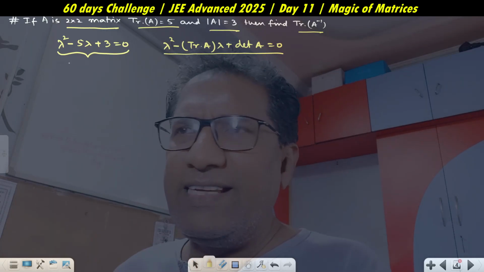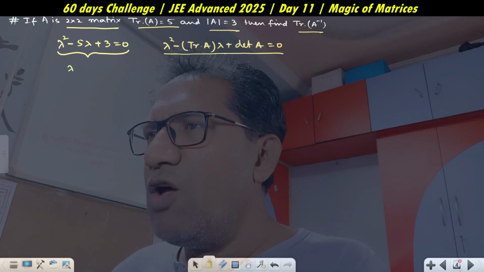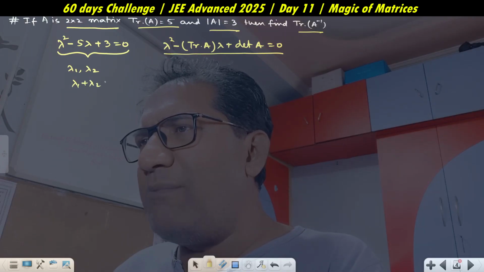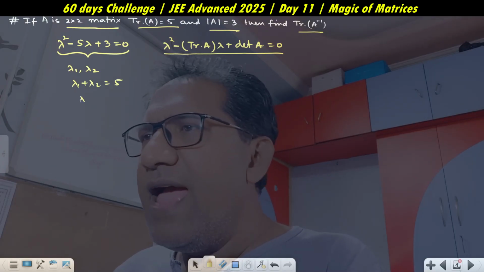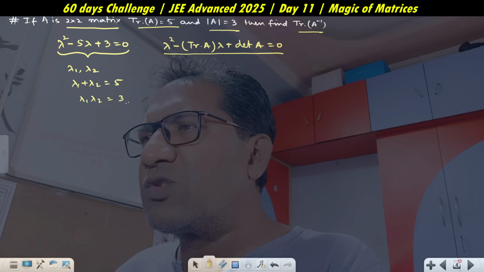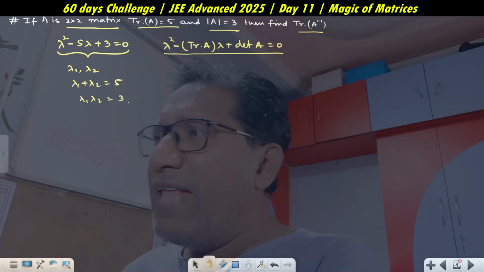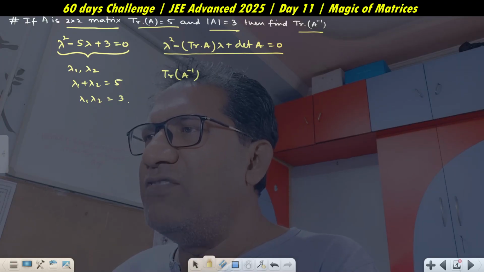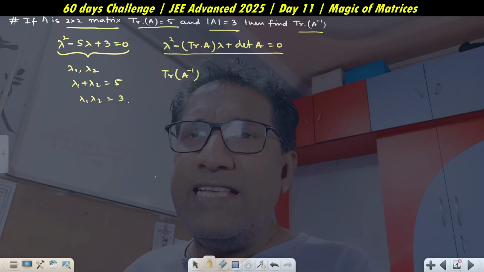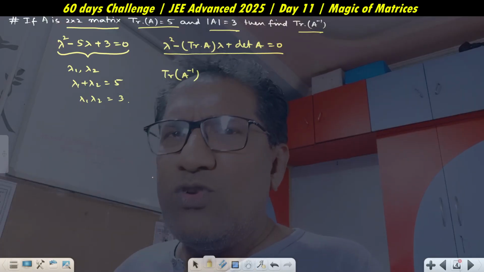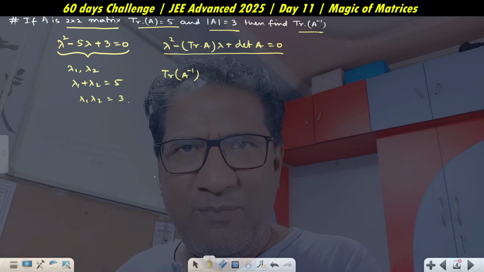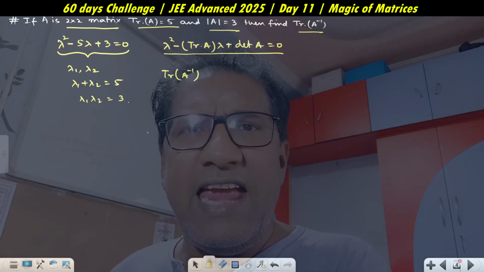Therefore, it has two eigenvalues, the roots, which are lambda 1 and lambda 2. So lambda 1 plus lambda 2 gives us what? 5. And lambda 1 lambda 2 gives us what? 3. Now they have asked, what is the trace of A inverse? Can you tell me what will be the characteristic equation of the matrix A inverse?